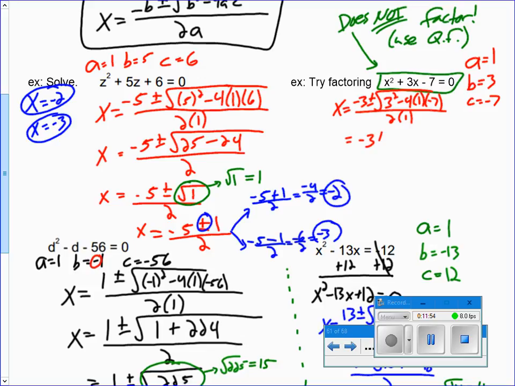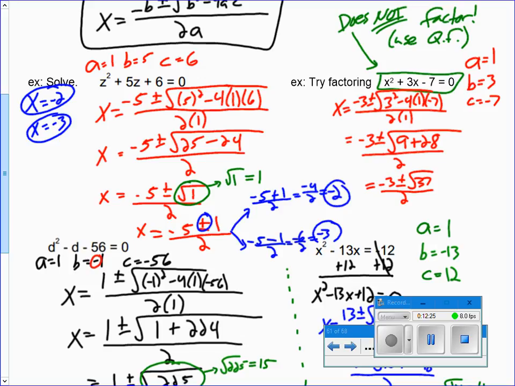So negative 3 plus or minus square root 3 squared is 9 plus 28 over 2. So keep working on this one. Negative 3 plus or minus square root 37 over 2.